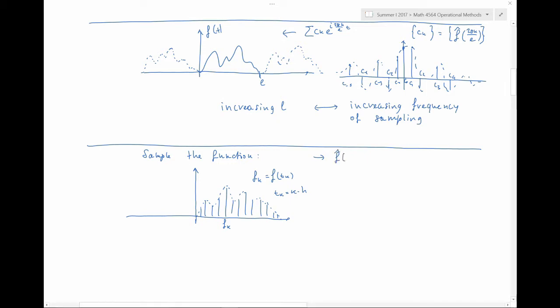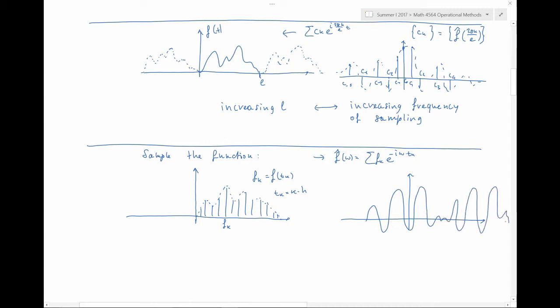So now f hat of omega is going to be the sum of fk e to the minus i omega times tk. So what that would do is it would create a periodic representation of the Fourier spectrum of the function.